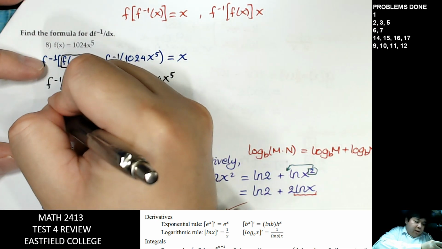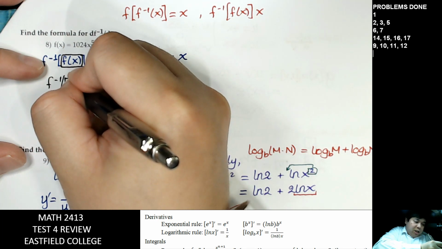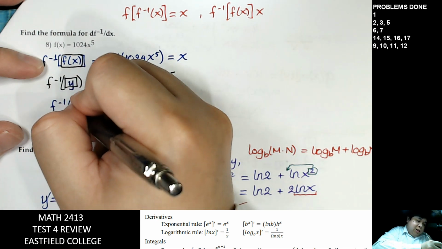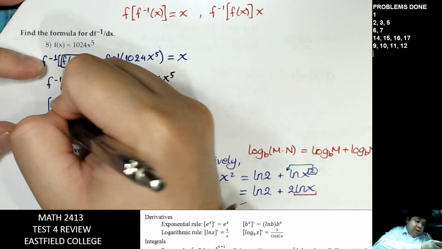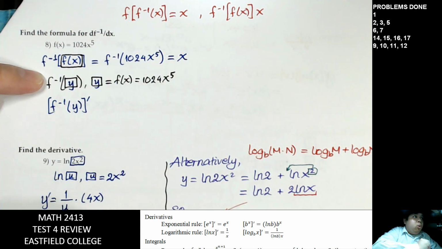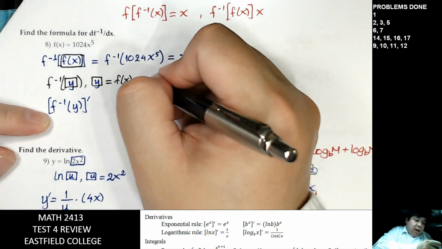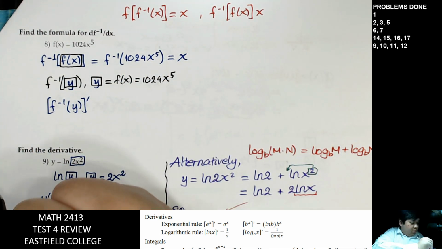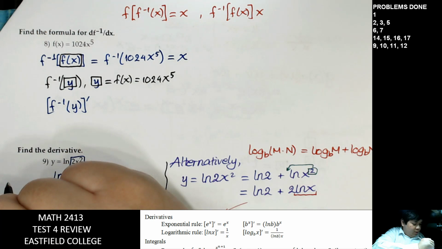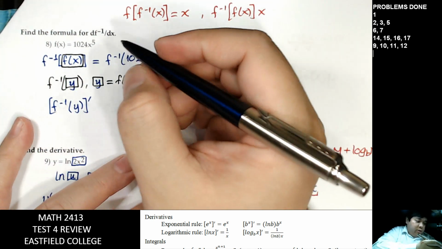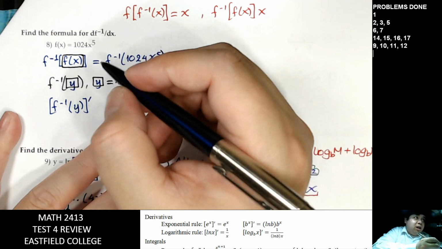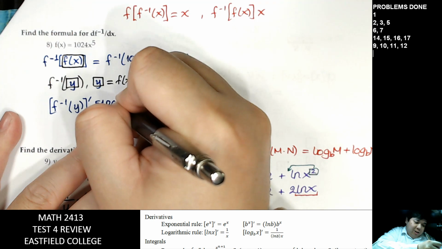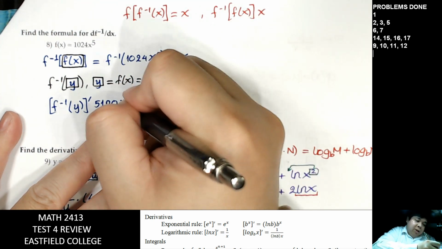And then we'll take the derivative. Let that be u, or we can just use y, also works. So we have the derivative of this. Since we don't know what the function is, we're just going to write it like that, and times the derivative of this, which will be 5 times 1024, 5120, x to the 4th.